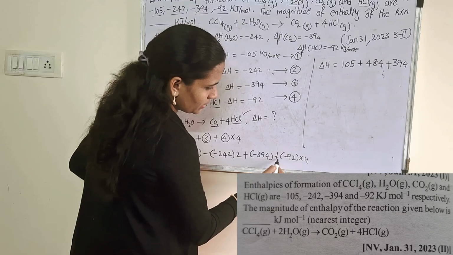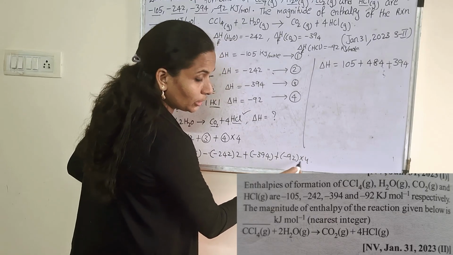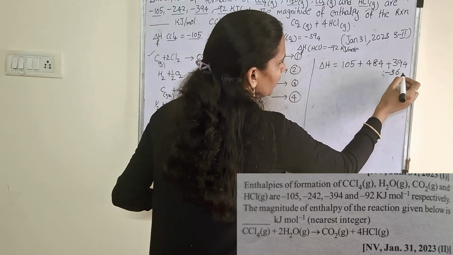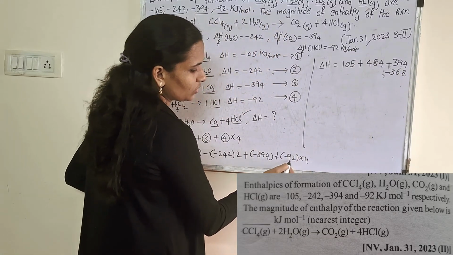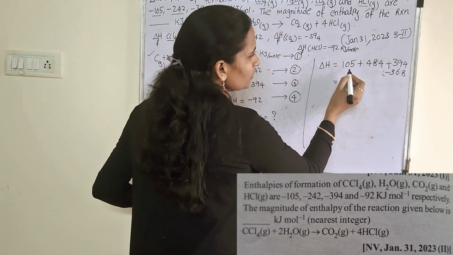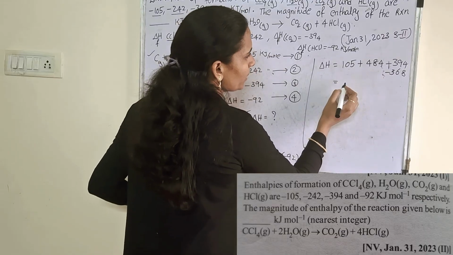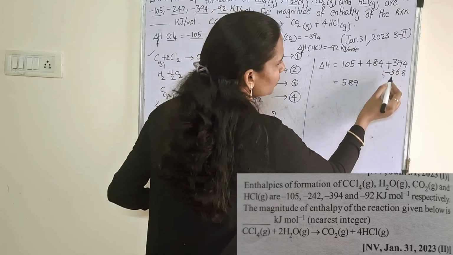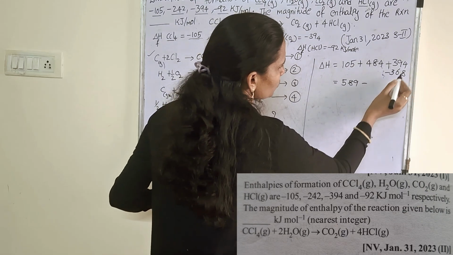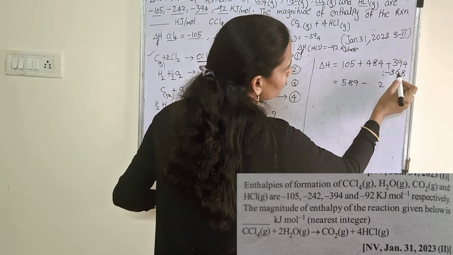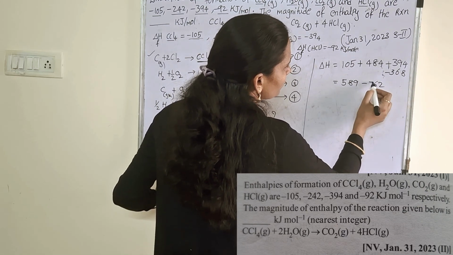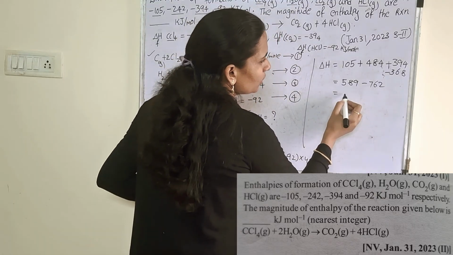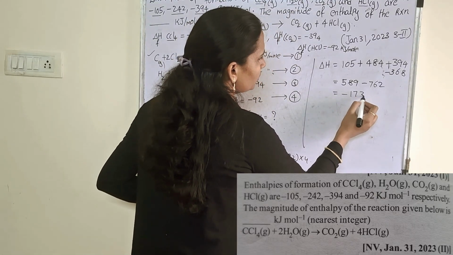Next, plus minus 92 into 4, that is minus 368. These are the two positive terms, so add them: 589. These two are the negative terms, added they give 762. Now 589 minus 762 gives minus 173.